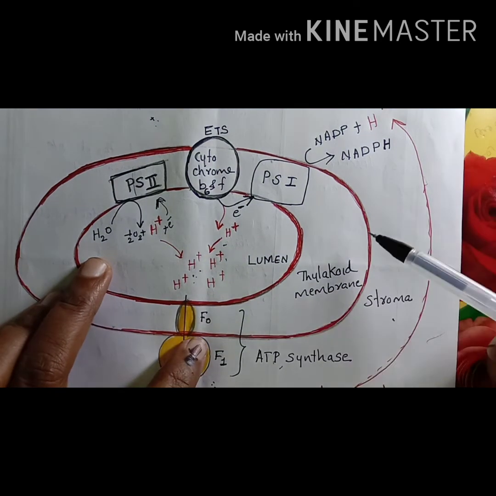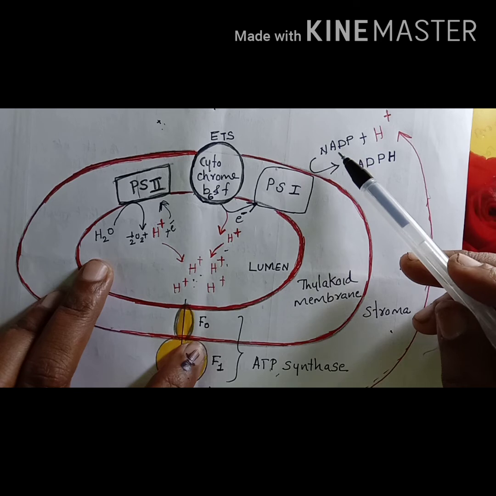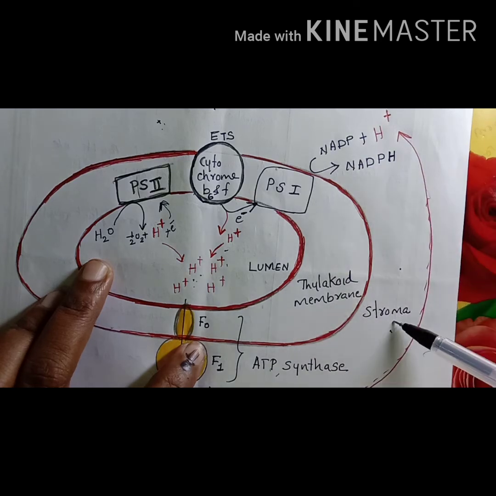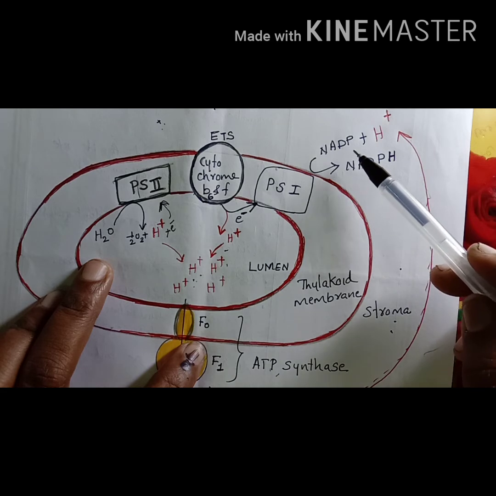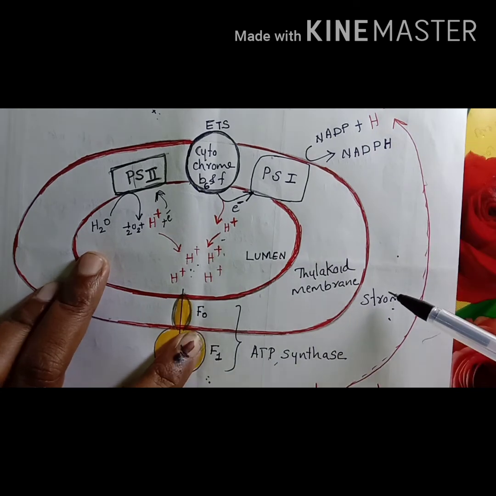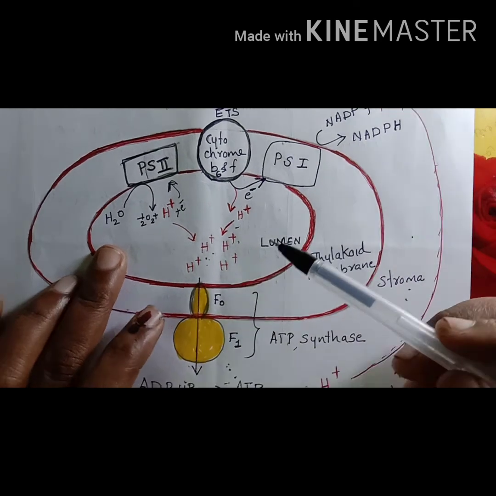And the third chance for the proton gradient is that NADP is reduced to NADPH, which occurs in the stroma region, while the proton present in the stroma is utilized by this process. So in the stroma region, proton deficiency occurs, and in the lumen, proton accumulation occurs. As a result, what happens?